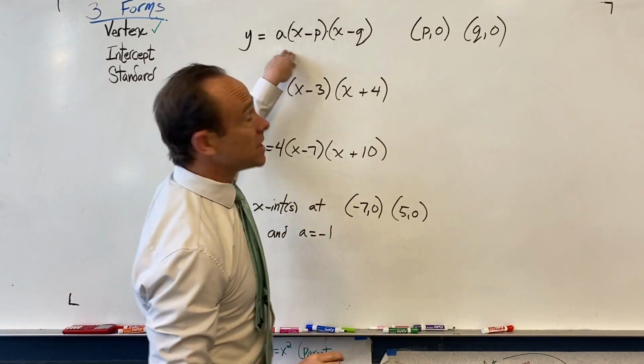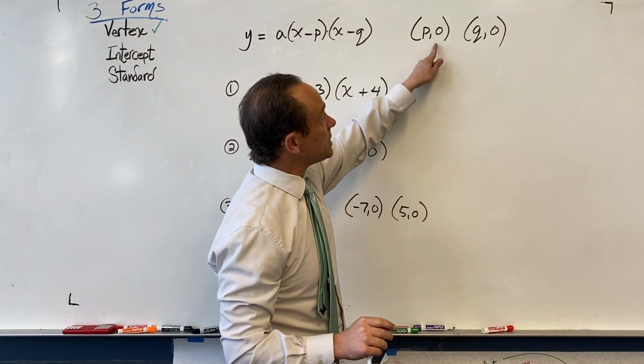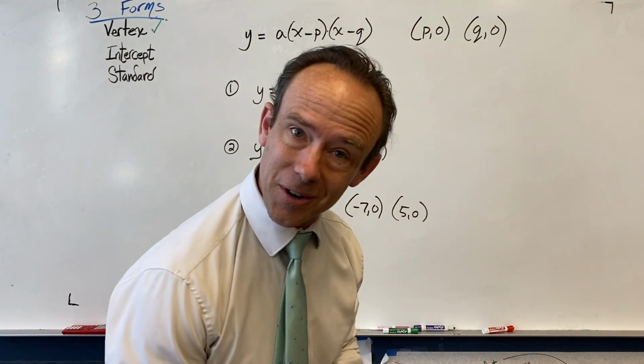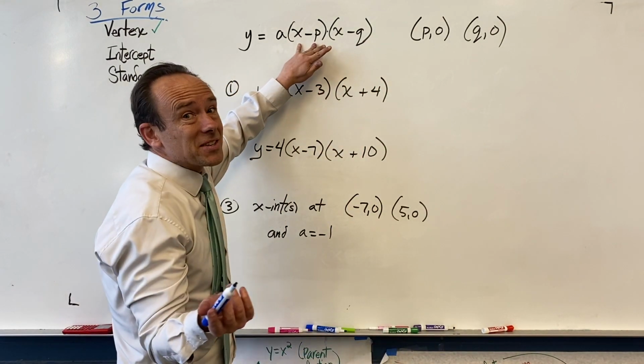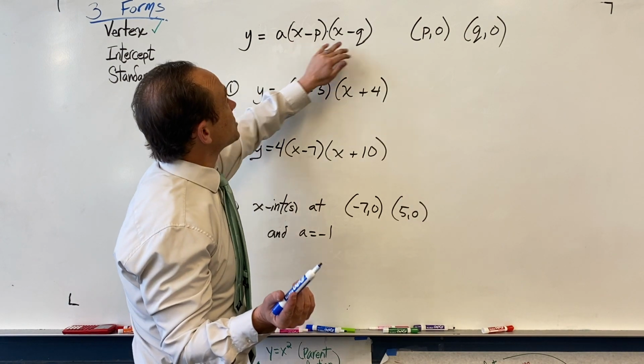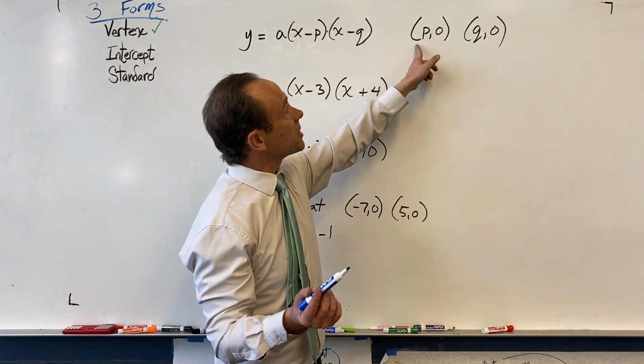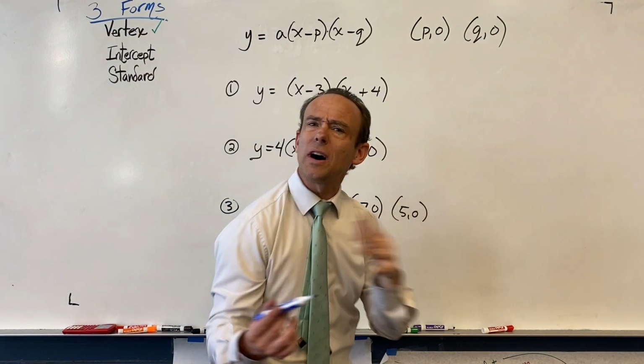If that happens, the x-intercept is immediately at p,0 and q,0, all right? Coincidentally, those are the values that make the parentheses 0, and 0 times anything is 0. So they're going to be the values of x that force y to be 0.